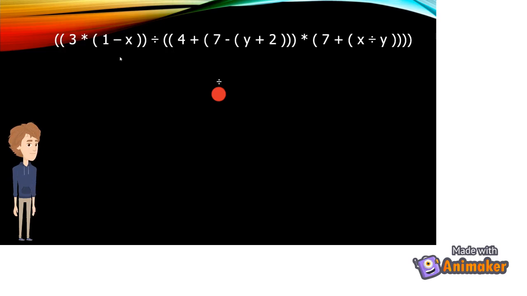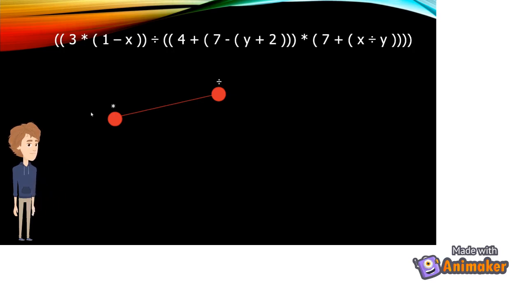So we can know that this bracket contains this operator and this operator is contained by a bigger bracket, which is then proving that this operator separates 3, which is a number on the left, with an argument 1 minus x on the right. So multiply will be the parent of these two offsprings.